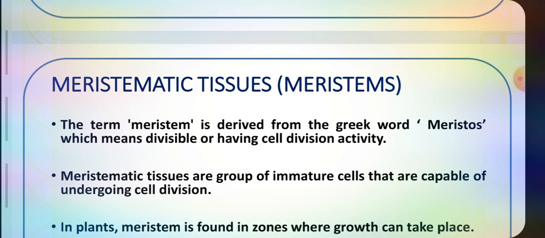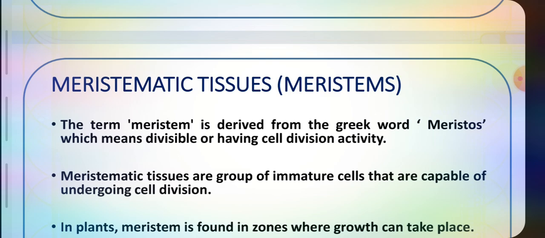Meristematic tissues are a group of immature cells, and they are capable of undergoing only cell division. So their only function is to divide and redivide. That is why they are called immature cells.